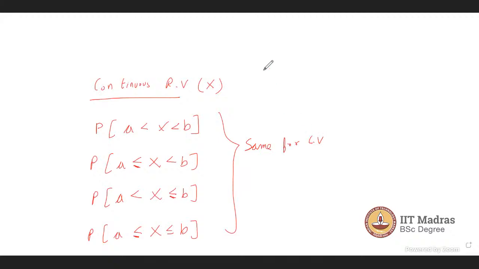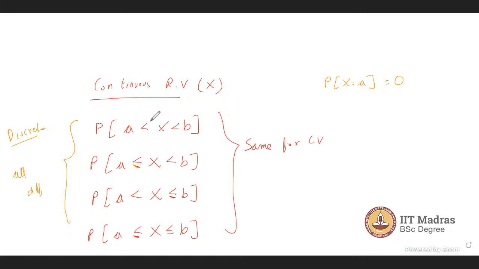It is because if you look at this equal to part, we know at any point the probability is 0, so I can simply eliminate it. But if you come to discrete, it will be all different. In discrete, it matters whether there is the symbol of equal to or not.